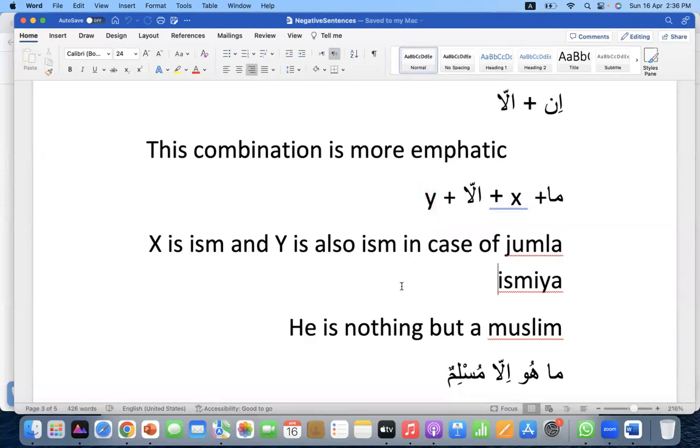Like the example we have given here, ma huwa illa muslimun. In case of X, you have huwa here, and illa, then in case of Y, you have muslimun here. So you'll say he is nothing but a Muslim.